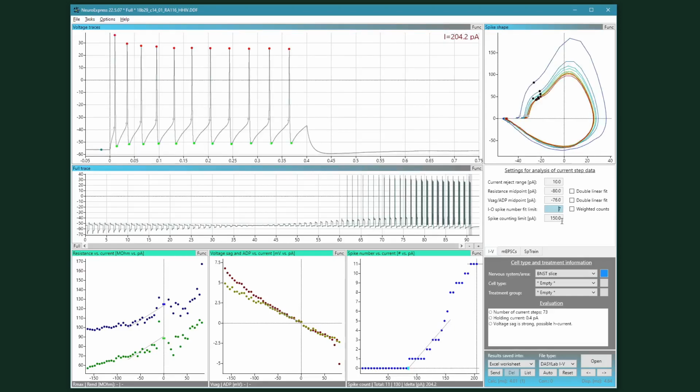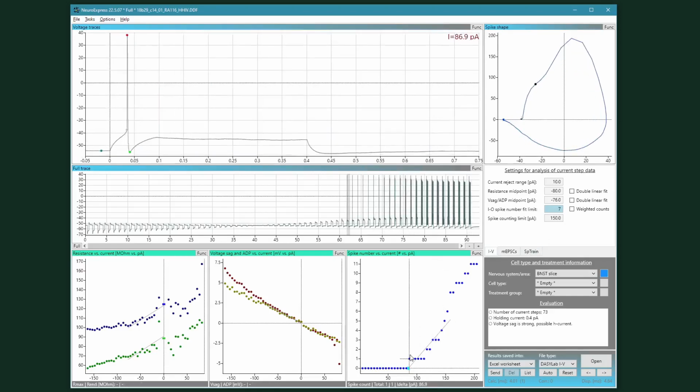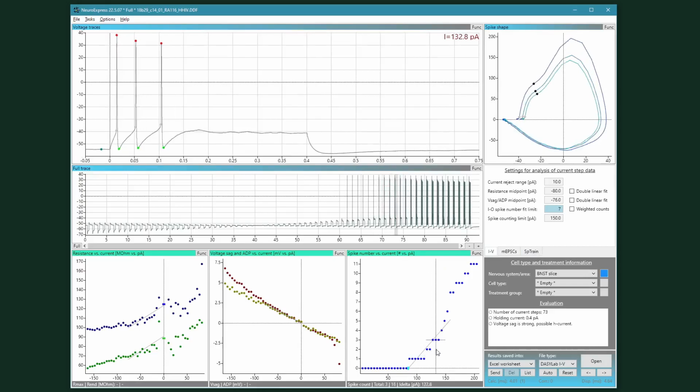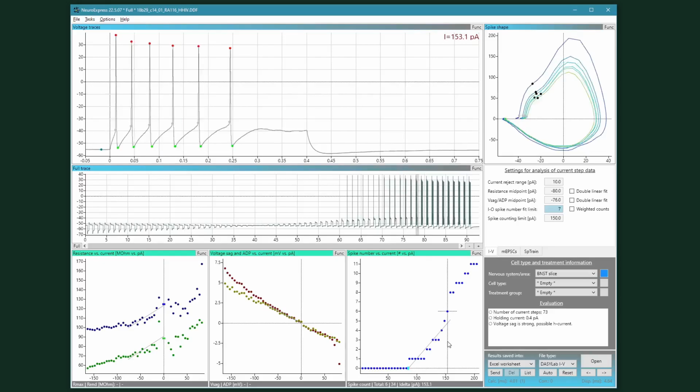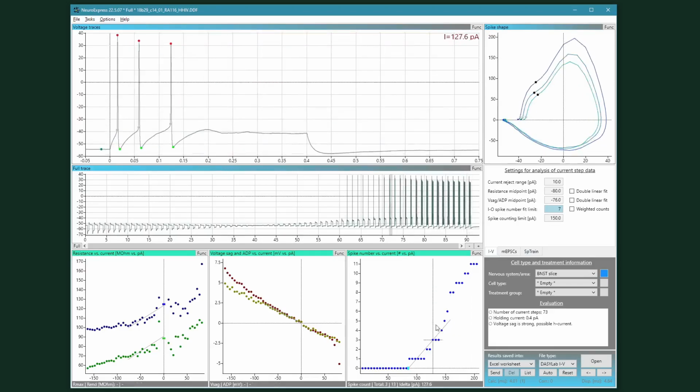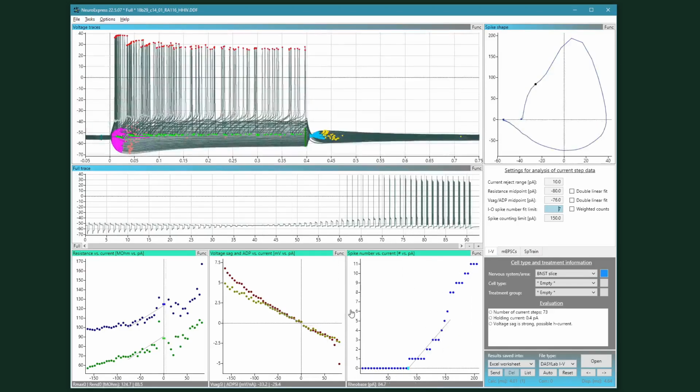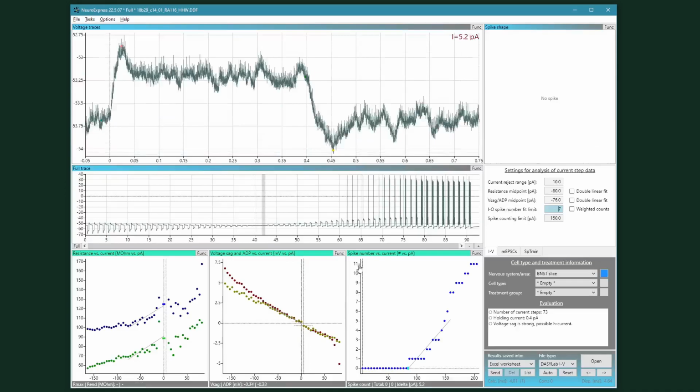In this case it's 150, so the program will find the spikes, calculate how many spikes were emitted for the different current stimuli, and accumulate or sum up all the spike counts up to 150 picoamps. This is a metric we are using for estimating the intrinsic excitability of the neuron or characterizing it. And this is a parameter estimating the cumulative spike count for different neurons.